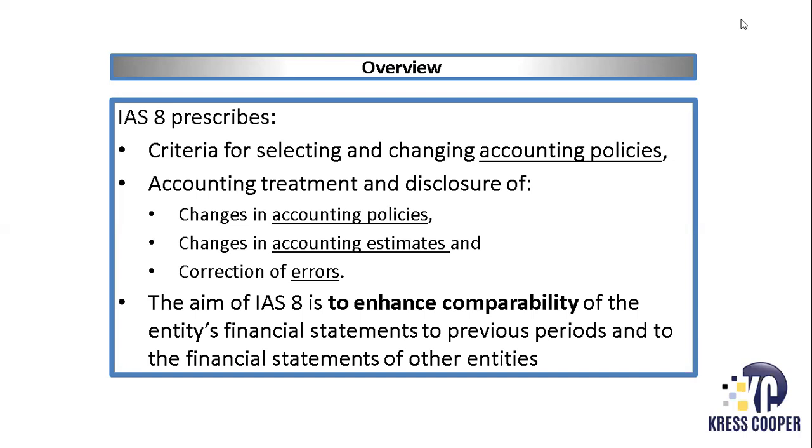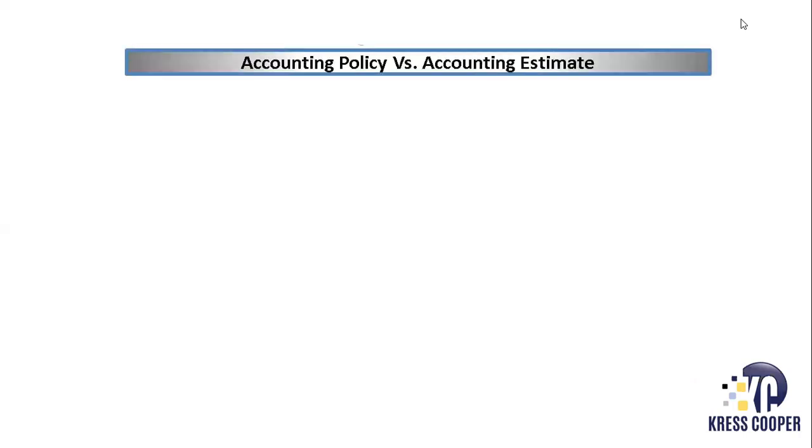We will discuss it with certain numerical examples. In fact, the aim of IAS 8 is to enhance the comparability of the information which we put in the current year with the information of the previous years. So this is in fact the basic ideology of IAS 8.